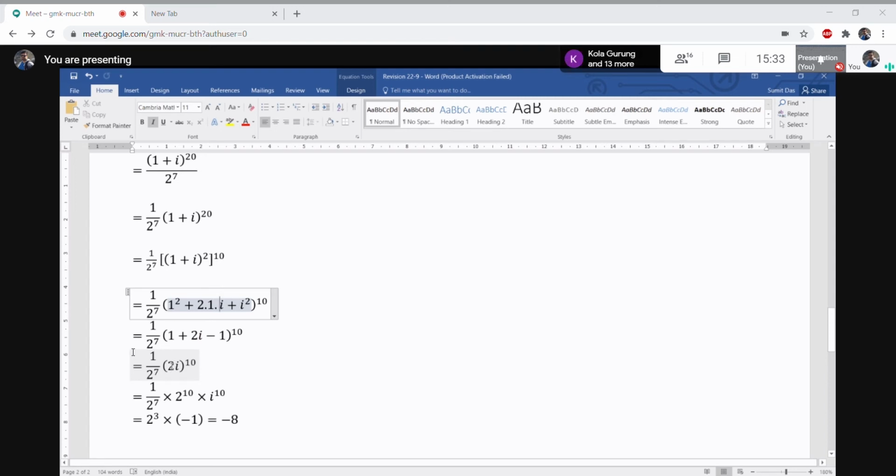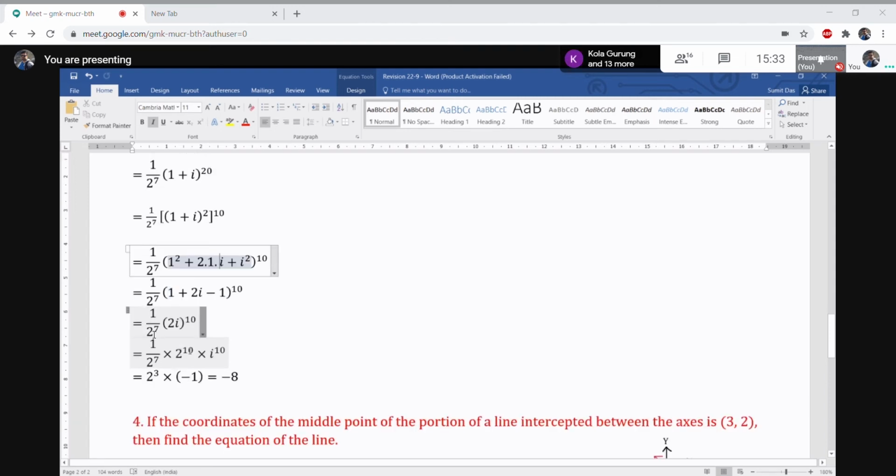So 2i we can write as 2 to the power 10 into i to the power 10. And here 2 to the power 7 was there, so 2 to the power 7 and 2 to the power 10 will cancel. We'll get 2 to the power 3. And i to the power 10, as you saw in the previous lesson, is minus 1: i to the power 4 is 1, i to the power 8 is 1, and i to the power 10 is i square, which is equal to minus 1.